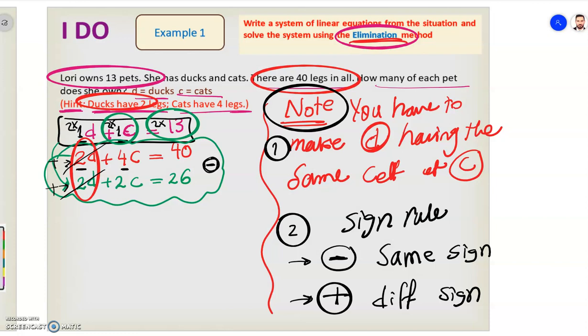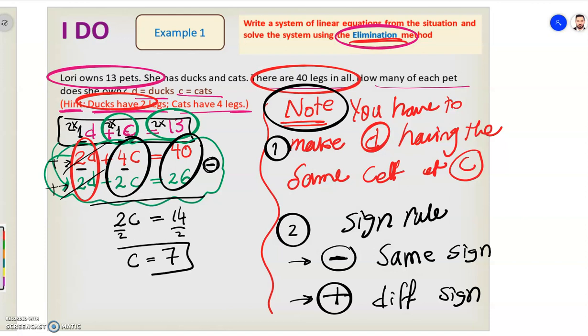4C minus 2C equals 2C, and here I have 40 minus 26 is equal to 14. I will divide by 2, divide by 2. I will get C as 7. Once you get C as 7, you can substitute it into either of these two equations.